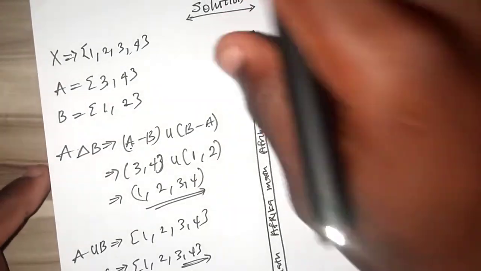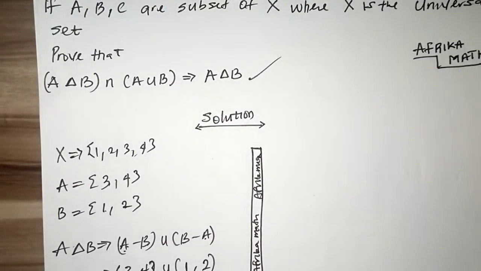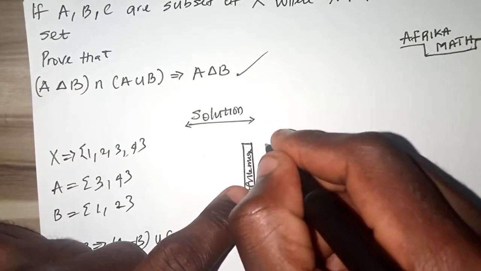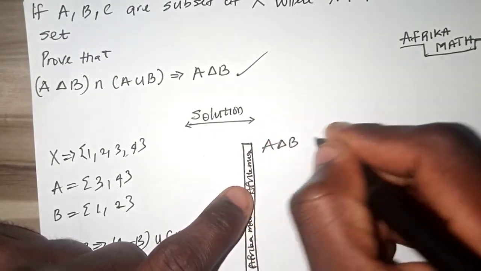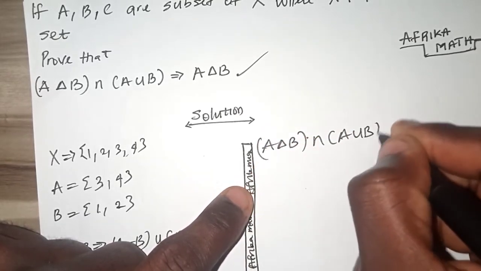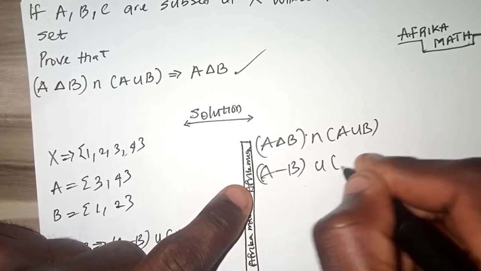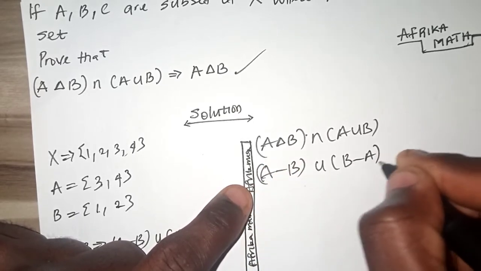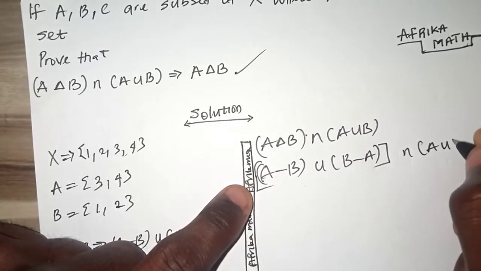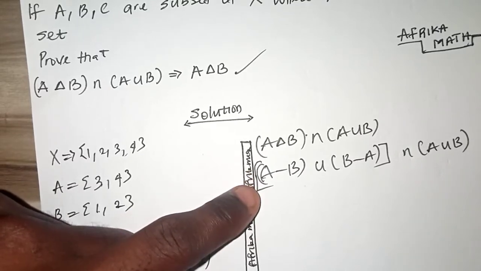Let's see if we are going to have this answer. Okay, let's go. A symmetric difference B intersect A union B. That is A minus B union B minus A in a big bracket intersect A union B. That is just the definition of set symmetric difference.